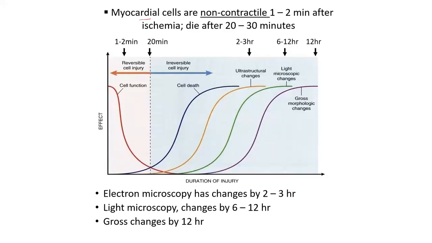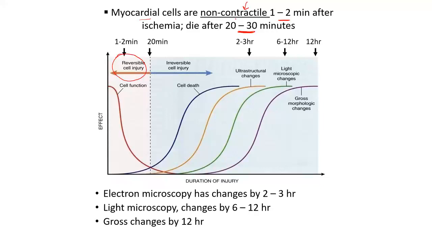They will be non-contractile within 1 to 2 minutes after ischemia. So they are going to lose the function 1 to 2 minutes after ischemia, and die after 20 to 30 minutes.